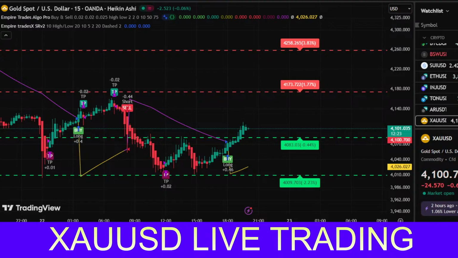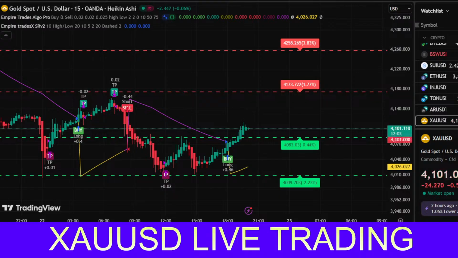In Forex trading, lot sizes come in three main types: standard lots, 100,000 units of the base currency; mini lots, 10,000 units; and micro lots, 1,000 units. The chosen lot size determines the value of each pip movement in a trade.